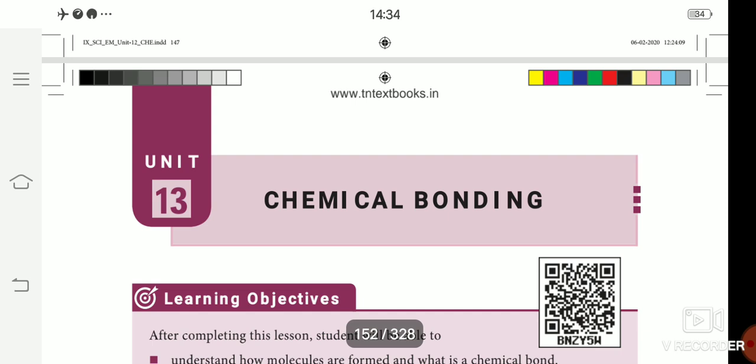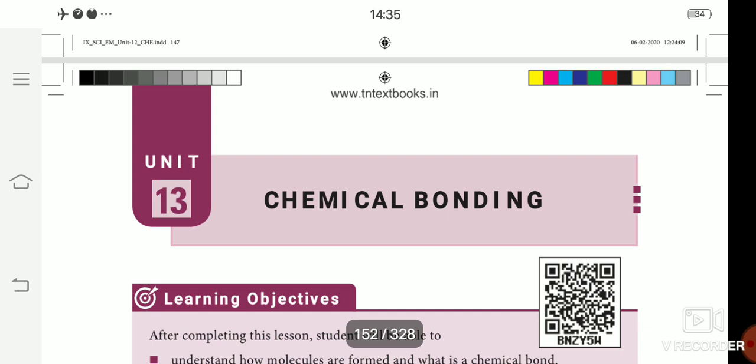So the next topic is the characteristics of the ionic bond. The nature of bonding between the atoms of a molecule is the primary factor that determines the properties of compounds. So the properties of compounds depend on the bond.